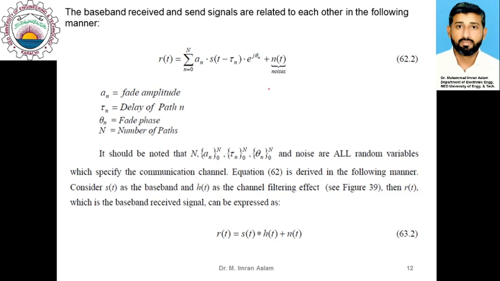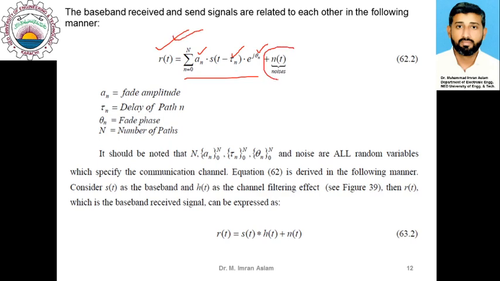This overall received signal is represented by this expression, because each component would have a certain amplitude, a certain delay, and a certain phase. All these components are added together to give an overall received signal.